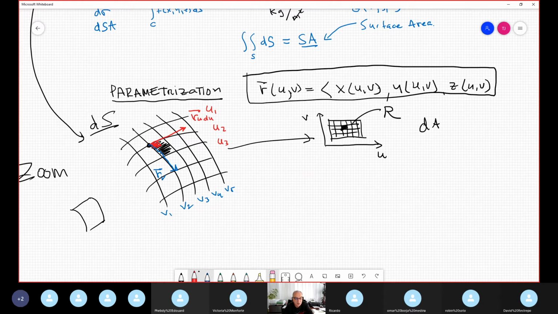And this is Rv dv. So basically, the cross product I want to perform is Ru du, a vector, cross product Rv dv. These are scalars, so I put them outside the cross product: Ru cross product Rv du dv.